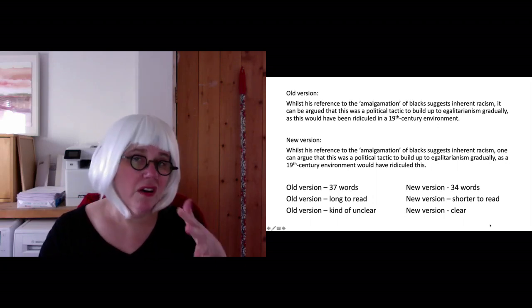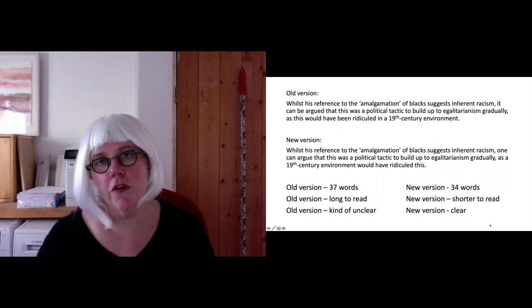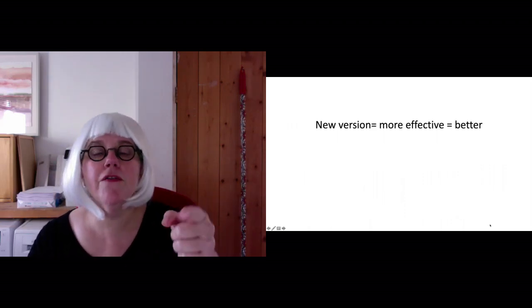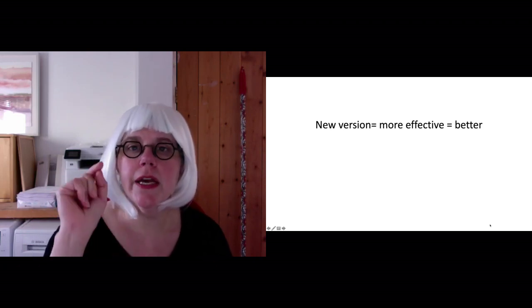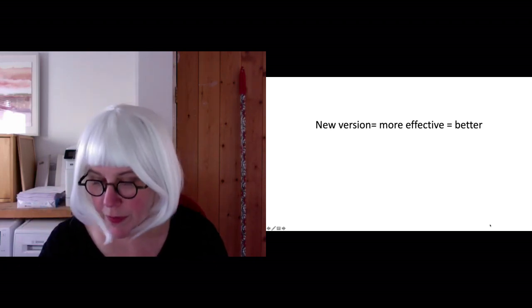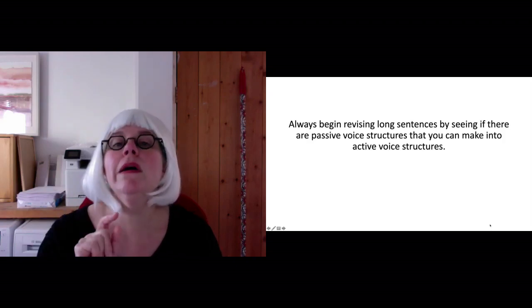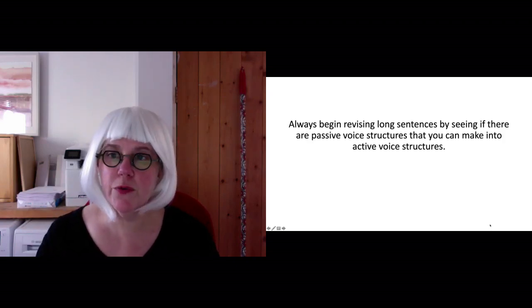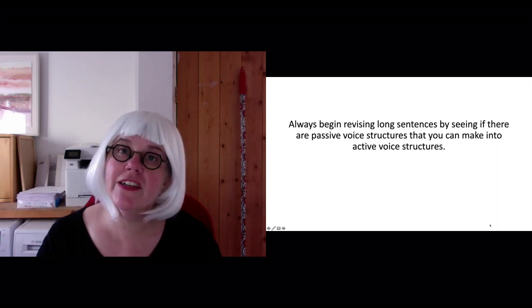Old version, kind of unclear. New version, clear. Most important. Therefore, the new version is more effective, and more effective is better. Therefore, always begin revising long sentences by seeing if there are passive voice structures that you can make into active voice structures.